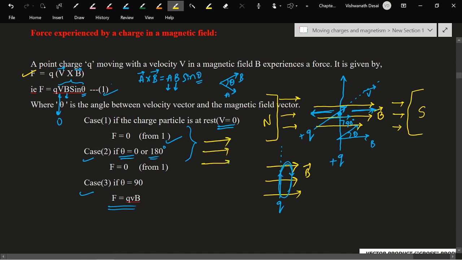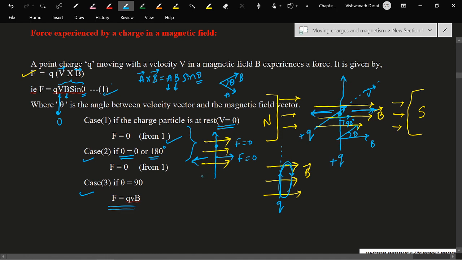If the charge is moving parallel or anti-parallel, it doesn't experience any force. If the charge is stationary, again no force. But if the charge is moving perpendicular, it experiences a maximum force.